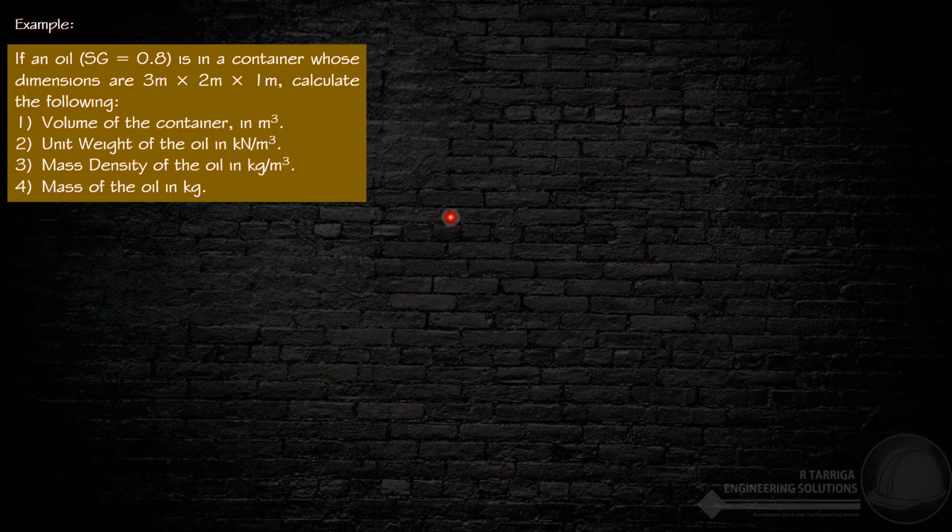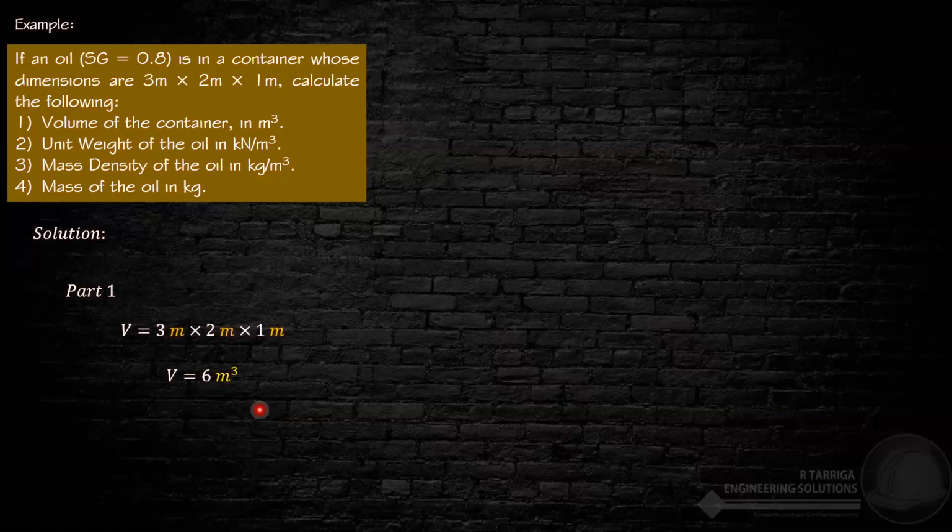Number 1 is the easiest because we learned in mathematics that the volume of a container having 3 sides is just length times width times height, or the area of the base times height. So the volume of the container shall be equal to 3 times 2 times 1, so that will become 6 cubic meter. So this is the answer to number 1.